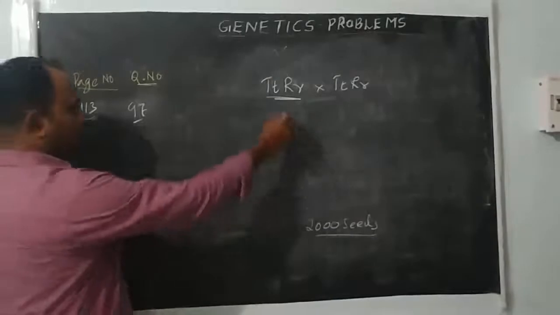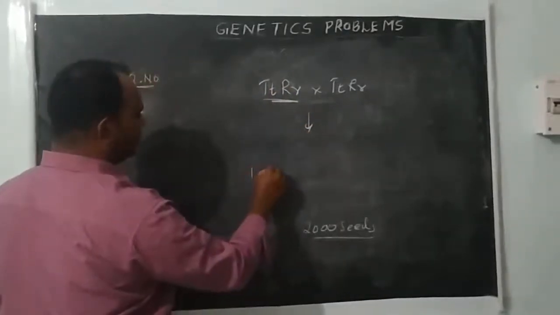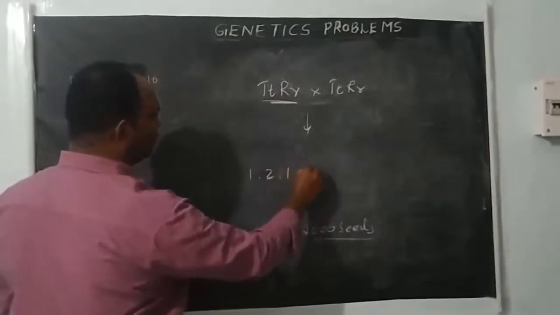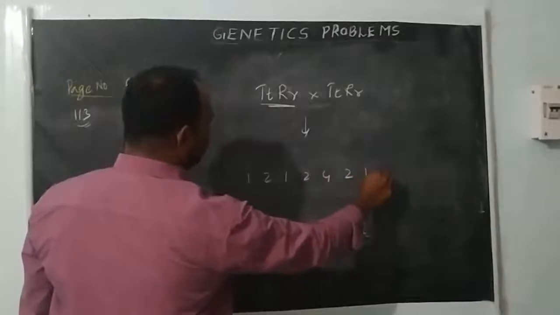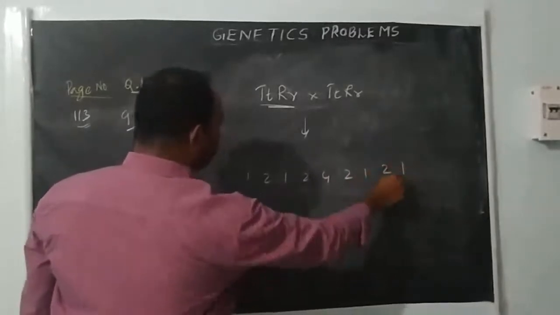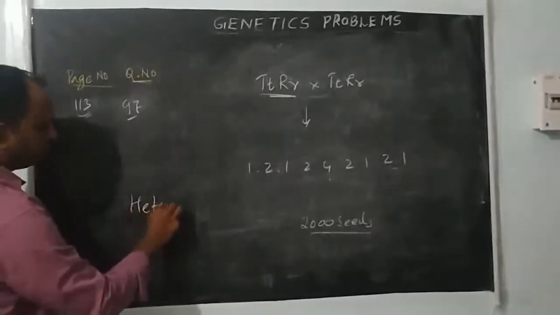If you put the dihybrid cross, we will get the genotypic ratio 1:2:2:4:2:1:2:1:1.